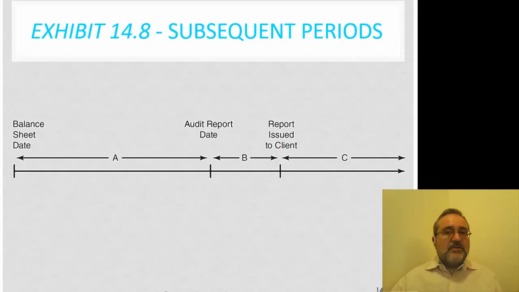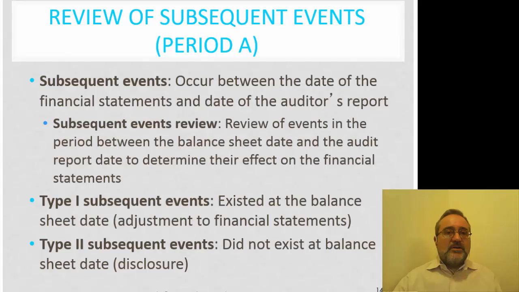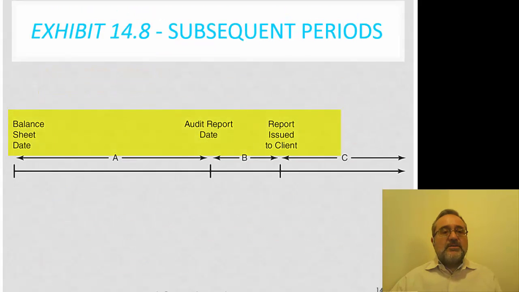So let's talk about the subsequent period B first, before we talk about a separate issue, which is the subsequent discovery of facts. So the subsequent events dates is the time period from the balance sheet date to the issuing of the report to the client, which is at the end of B. This is all the subsequent period.